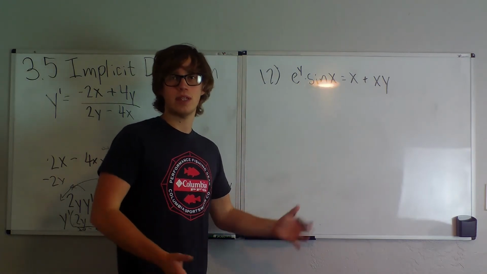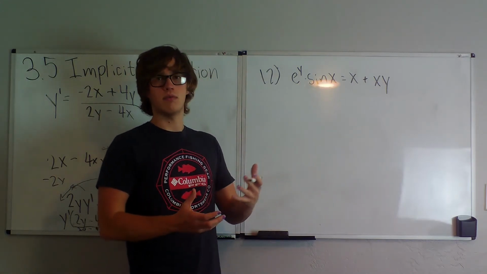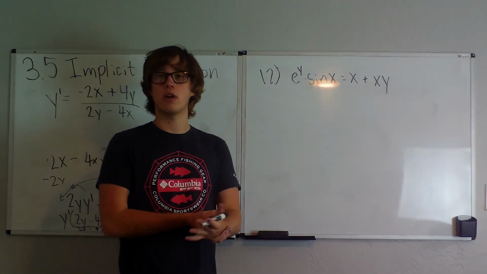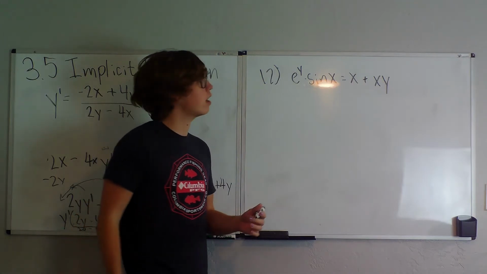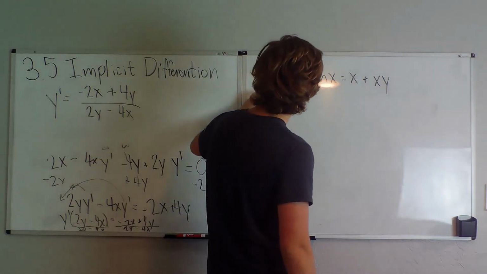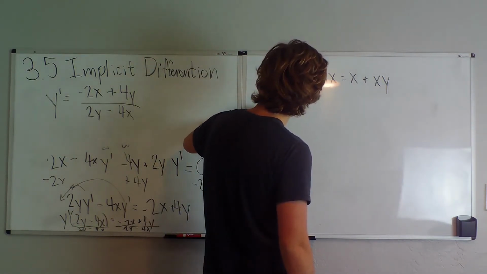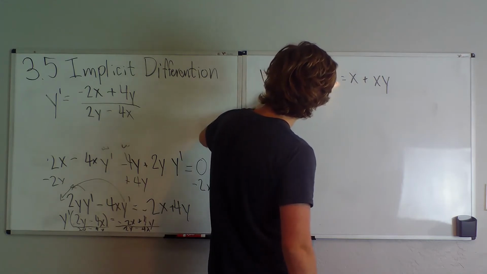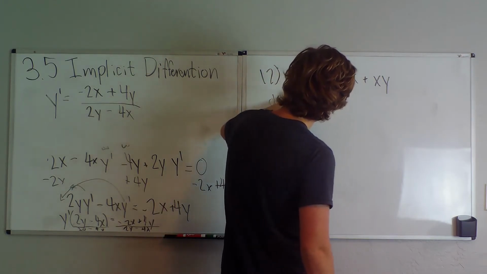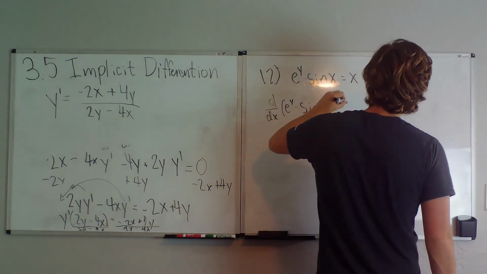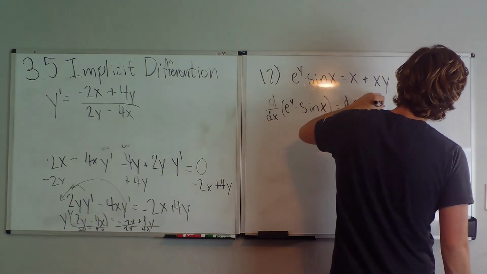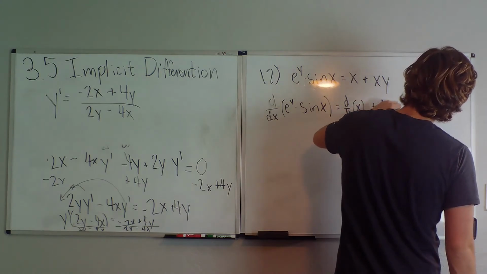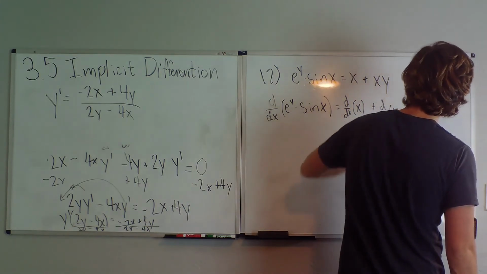Doing it term by term, and then every time you differentiate a y, you multiply it by y prime, or dy dx, whatever you prefer to write out. So how do we do it? d dx of e to the y times sine x, which is equal to d dx of x plus d dx of x times y.